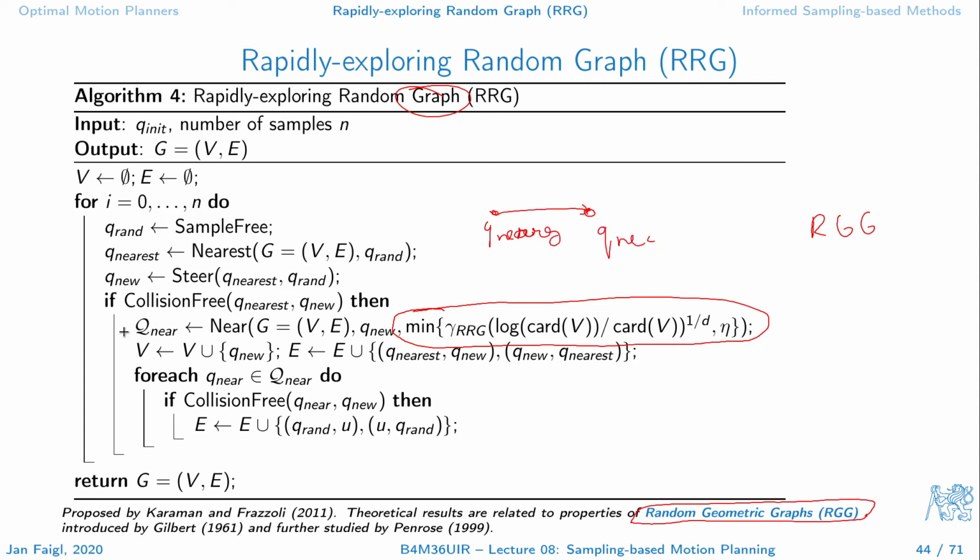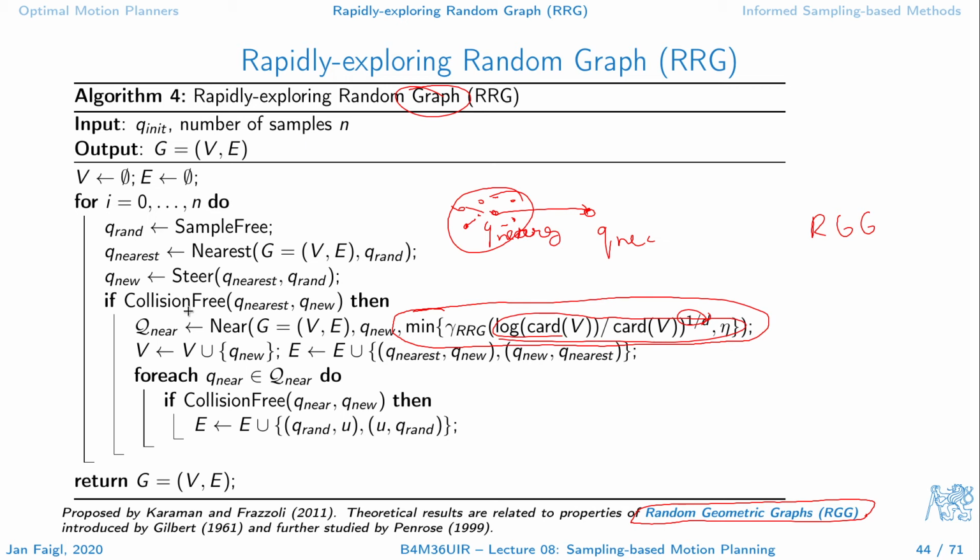And now, within the region of Q near, which are the nodes in our previous graph, we find the nodes within some radius, and this radius depends on the cardinality and the dimension, and should be properly set up.